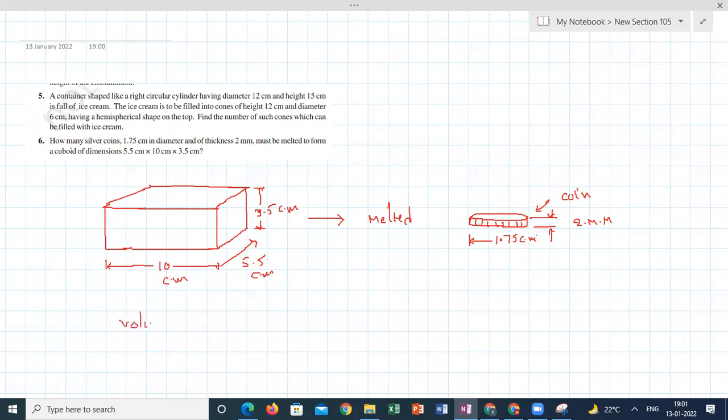So volume of cuboid before melting, if before melting it's a cuboid, is equal to LBH, 10 into 5.5 into 3.5 centimeter cube.